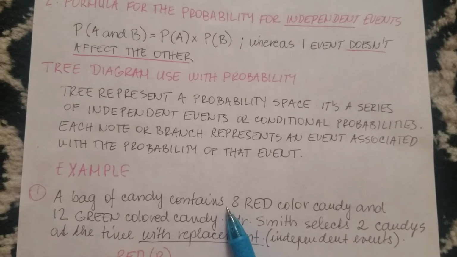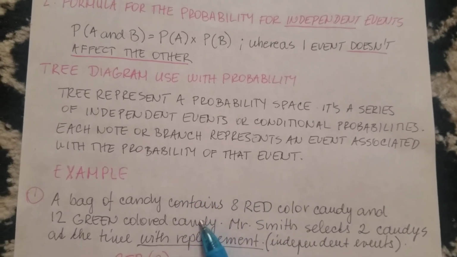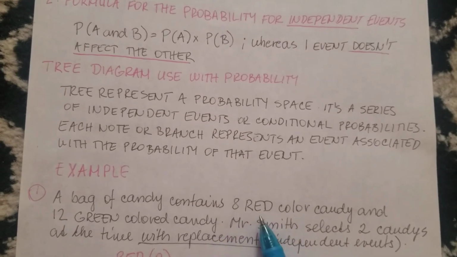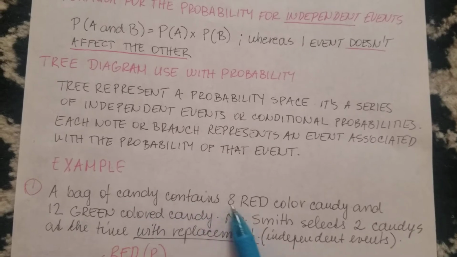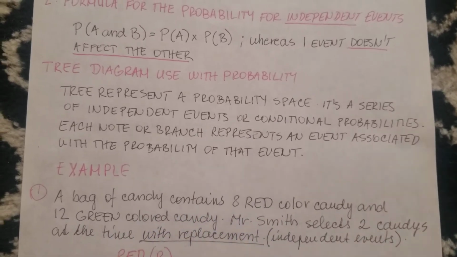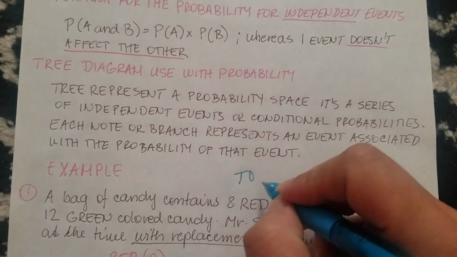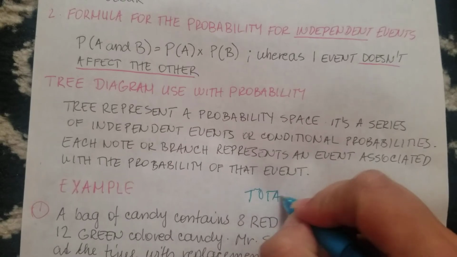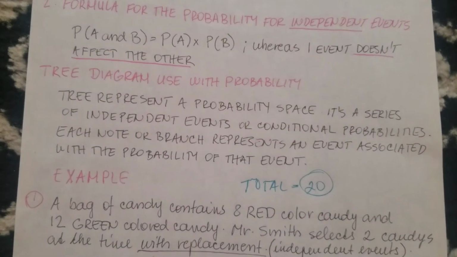Because once we pick the candy, we put it back in the bag and it does not affect our total. We know we have 8 red and 12 green, so the total will be 20.